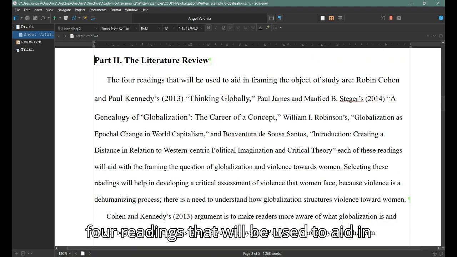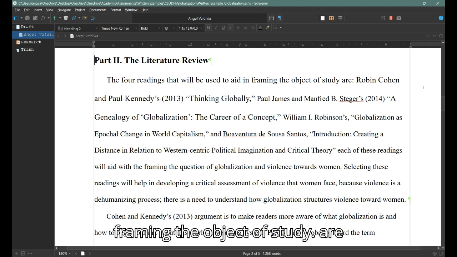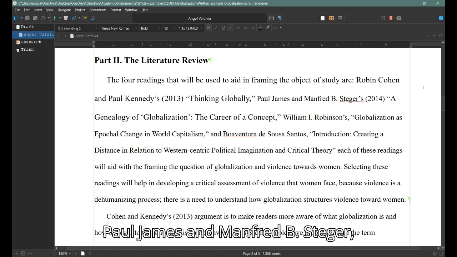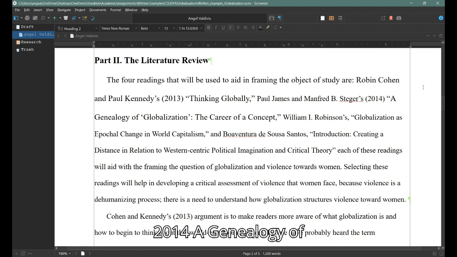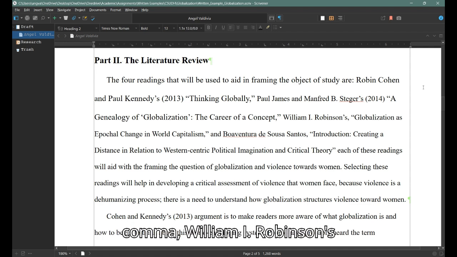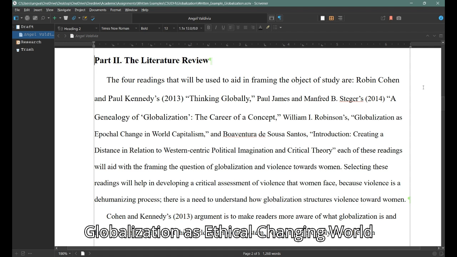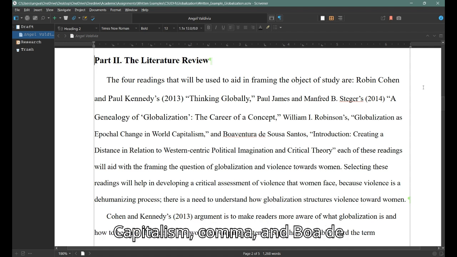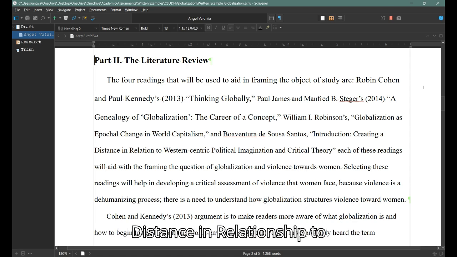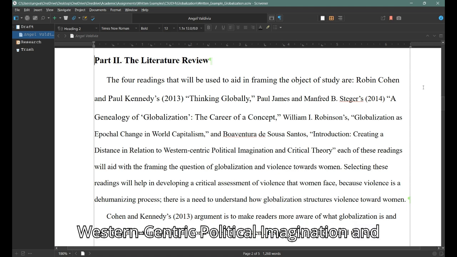The four readings that will be used to aid in framing the object of study are Robin Cohen and Paul Kennedy's 2013 Thinking Globally, Paul James and Manfred B. Steger, 2014, A Genealogy of Globalization, The Career of a Concept, William I. Robinson's Globalization as Ethical Change in World Capitalism, and Boaventura de Sousa Santos' Introduction, Creating a Distance in Relationship to Western-Centric Political Imagination and Critical Theory.